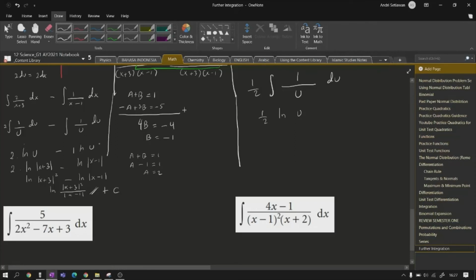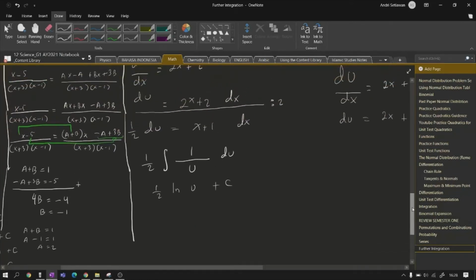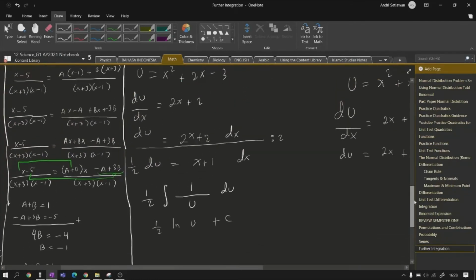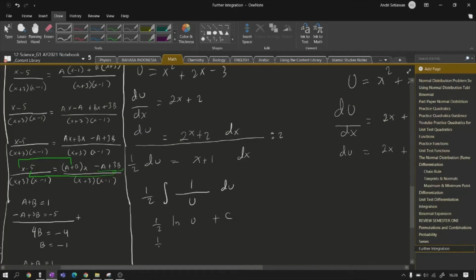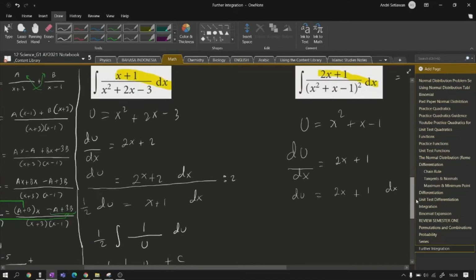You have to put plus c after the integral. So half ln u, and since u equals x squared plus 2x minus 3, this is half ln of x squared plus 2x minus 3, plus c, don't forget. Okay, this is the second example.